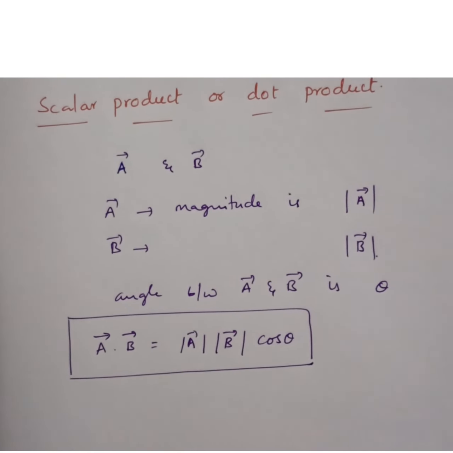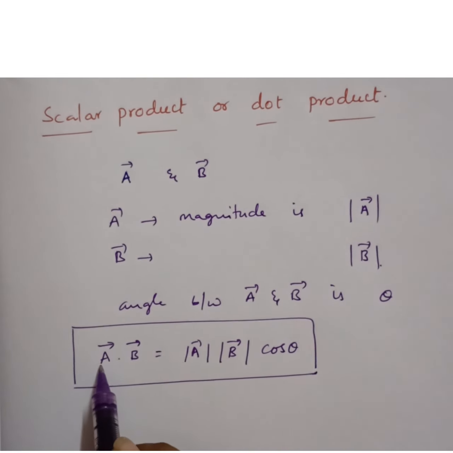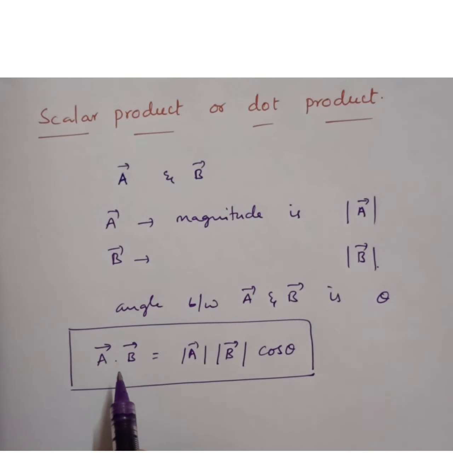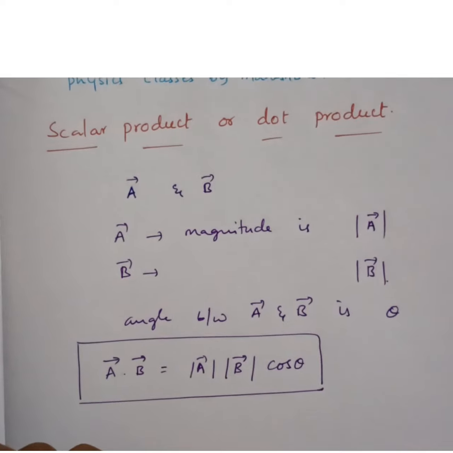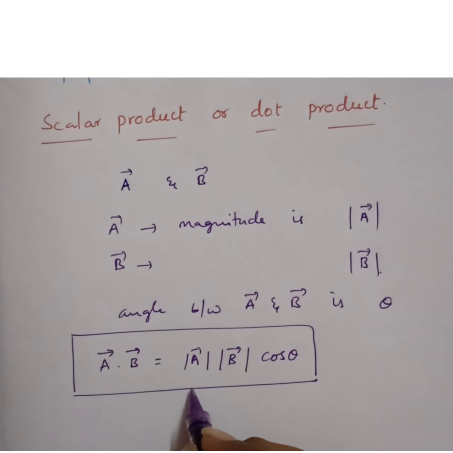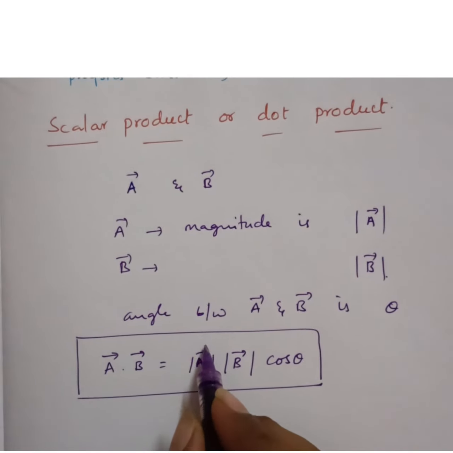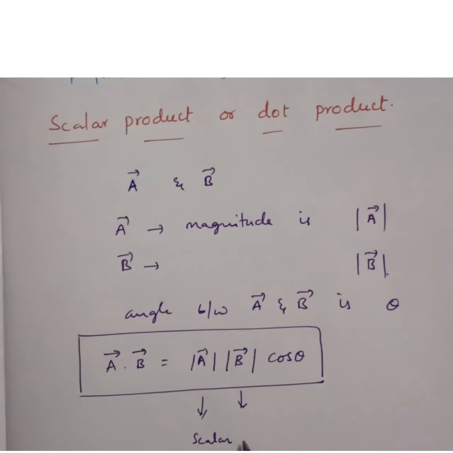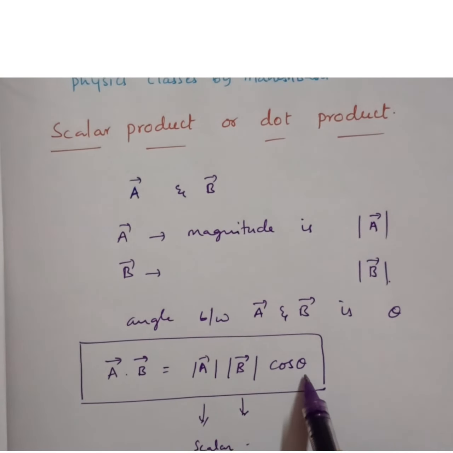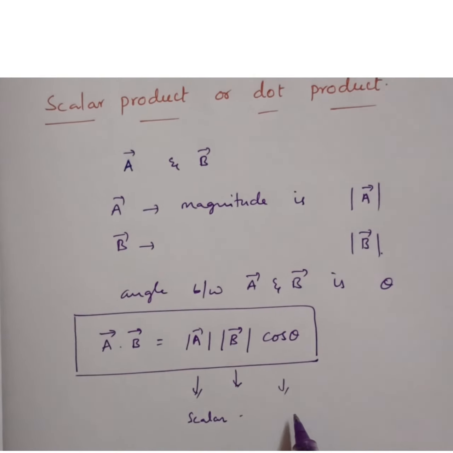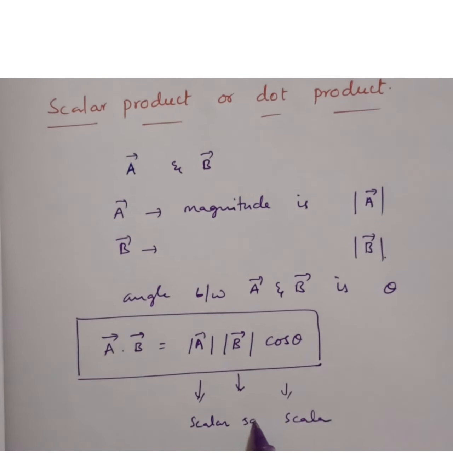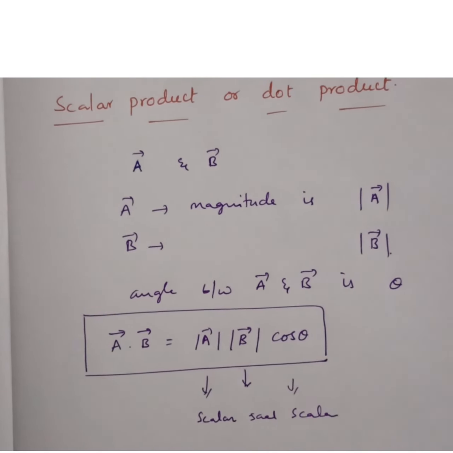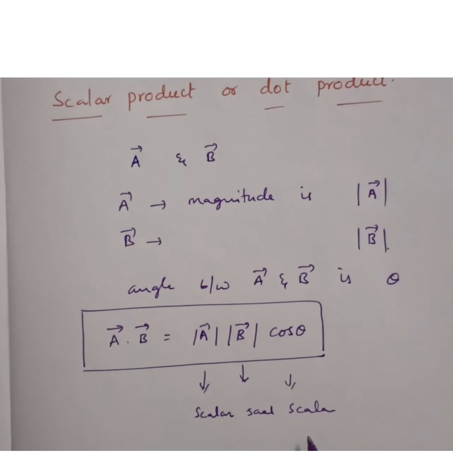Here a bar is a vector, b bar is a vector. If you do dot product between them, we get a scalar. Magnitude of a bar is a scalar, magnitude of b bar is also a scalar, and cos theta is also a scalar. So all are scalars. If you do the product, we will get a scalar. Dot product is a scalar product.